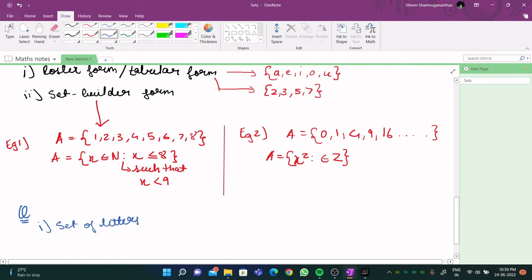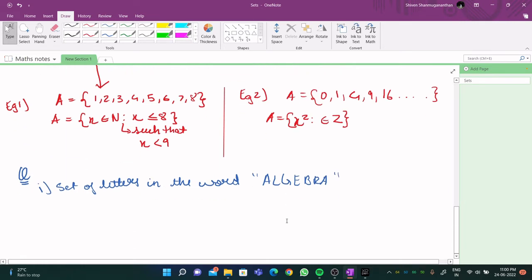Letters, word, algebra. Okay. So we know what this would be. Let's write this as A would be equal to bracket open.